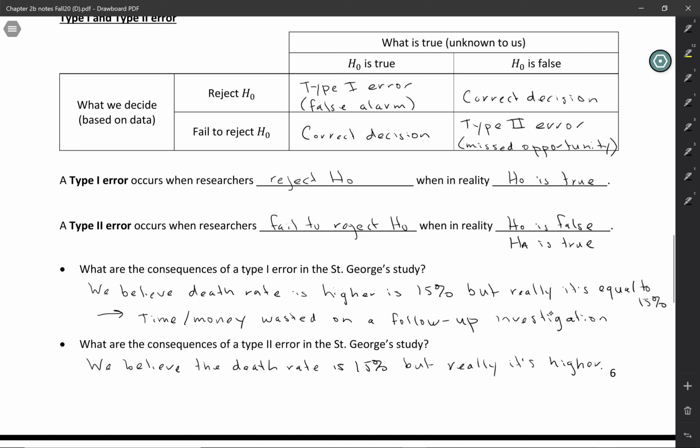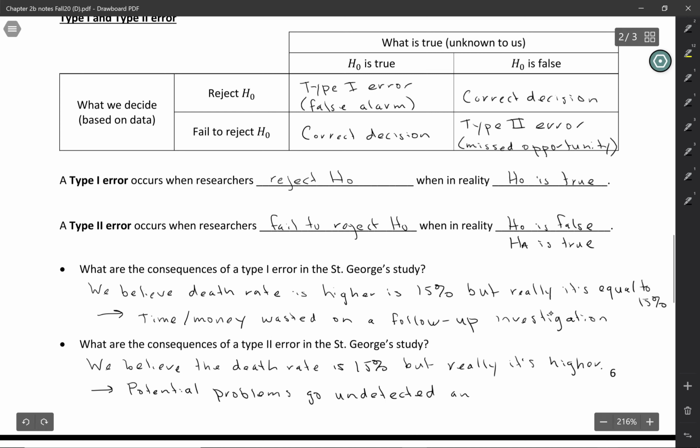It actually is higher than 15%, but we were unable to detect that. So you can see how this could be dangerous in this context, right? If there were potential problems, which maybe or maybe not, it's hard to say why it would be higher at this hospital, but potential problems could go undetected and uncorrected. So that's our concern if we make a type 2 error in this situation.